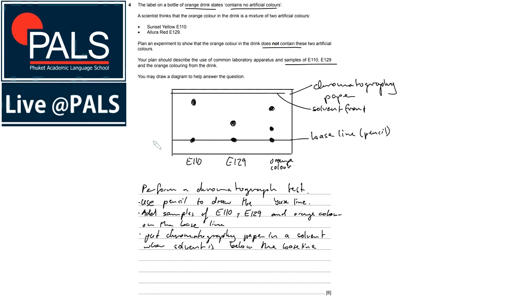And we can actually draw this here as well. So something like this. This is our solvent. We can see it's below the baseline so that it soaks into the paper and runs up the paper, but the solvent does not touch our colors.